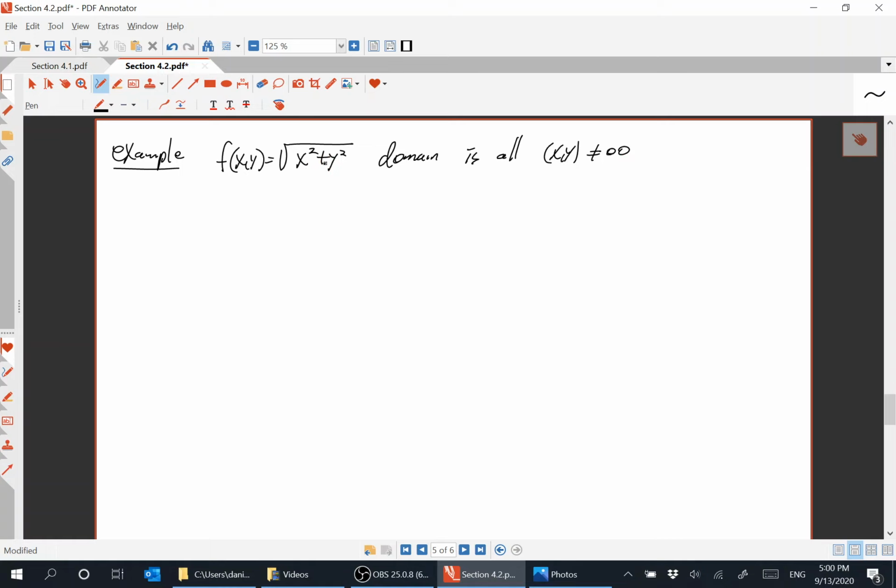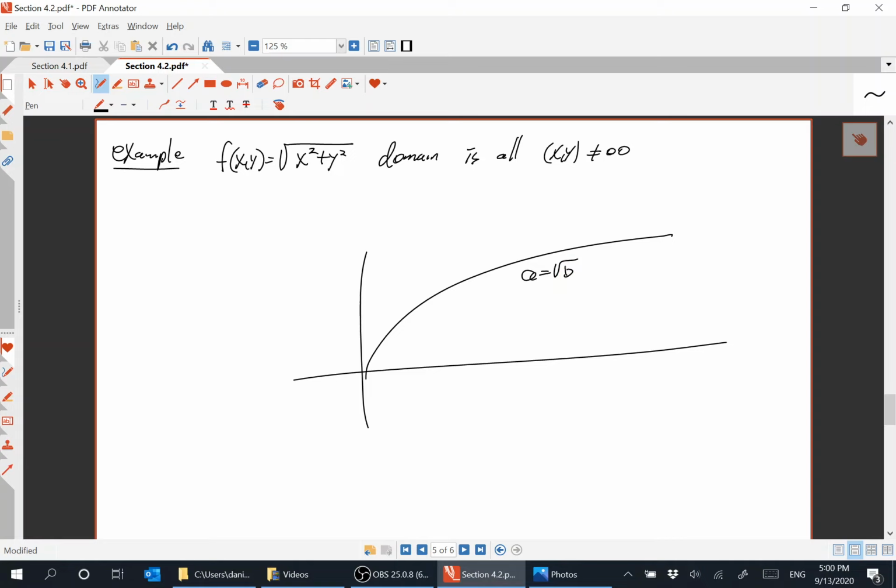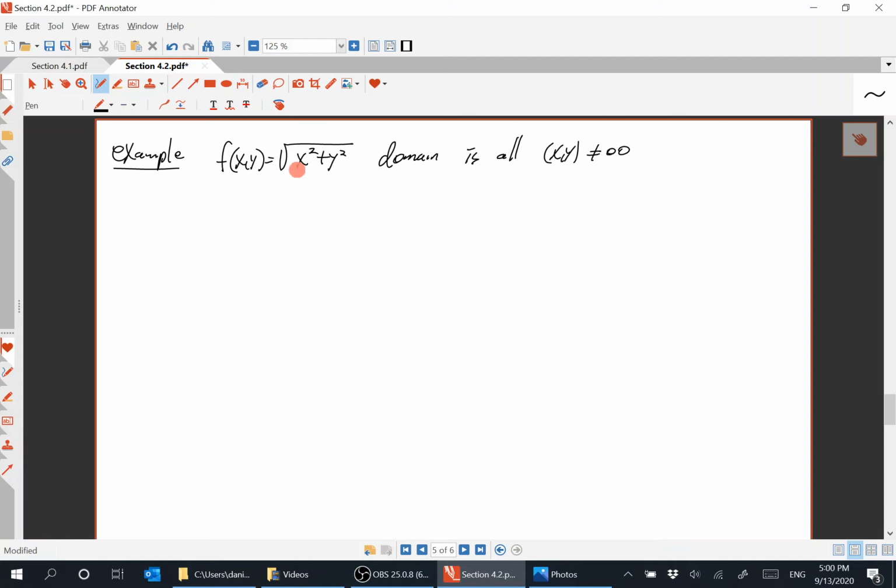X squared plus y squared is a polynomial. And square root functions are continuous as well. That's a continuous function. And polynomials are continuous. And compositions of continuous functions are continuous. So this is all nice and continuous anywhere on the domain, which is all x, y, except 0, 0.